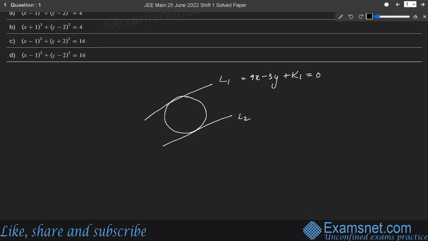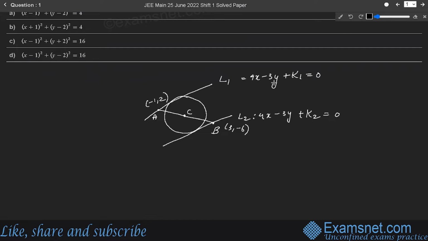And let this be L2, which is 4x minus 3y plus k2 is equal to 0. Let this be the center, which is C. Let this be a point A and let this be a point B. On joining this line, we have coordinates (-1, 2) and (3, -6).